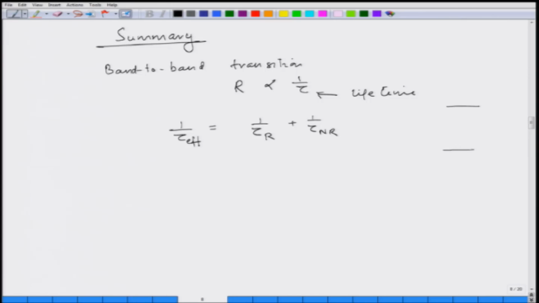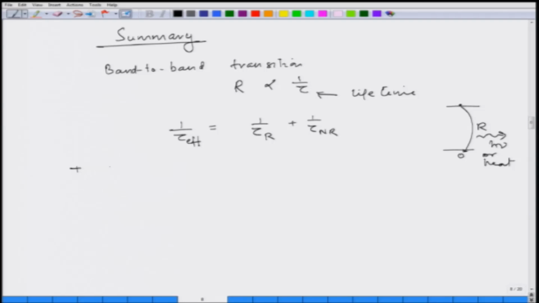This was for an electron joining with the hole. It is a recombination process giving you a photon or heat, and that was the tau effective that we had looked at. But as we discussed even at that time, in the semiconductor there are probably more mechanisms, and if it is a direct band gap semiconductor, you would have band to band, plus you would always have this R-G center mechanism.